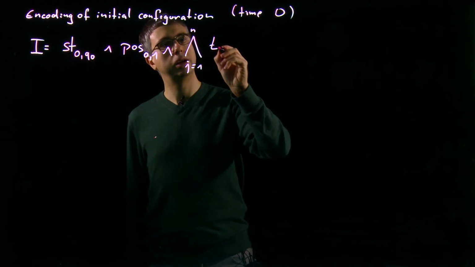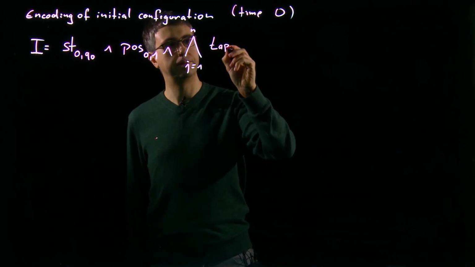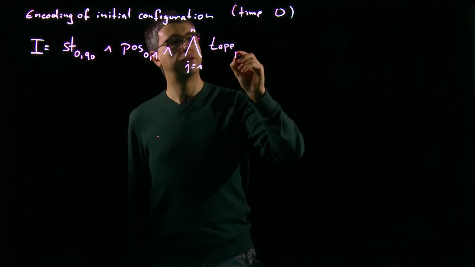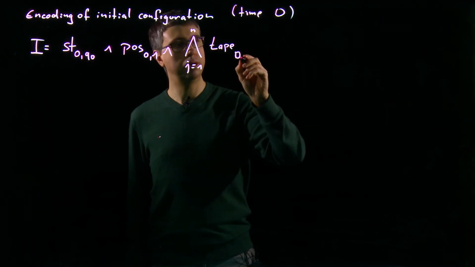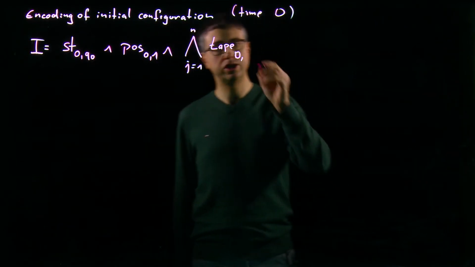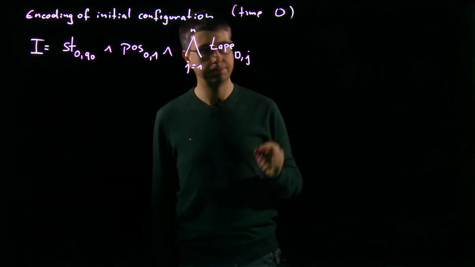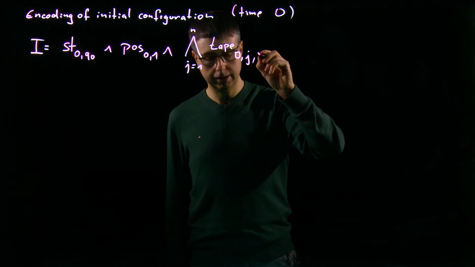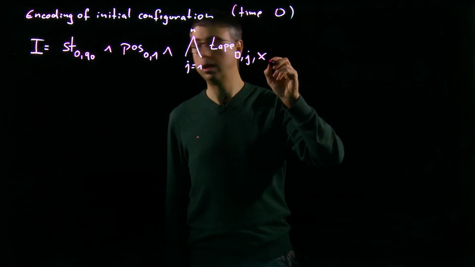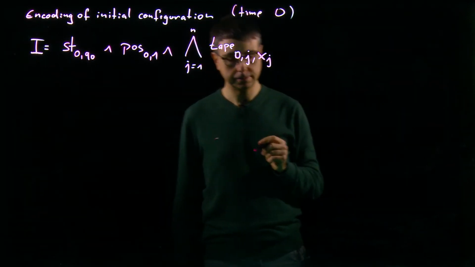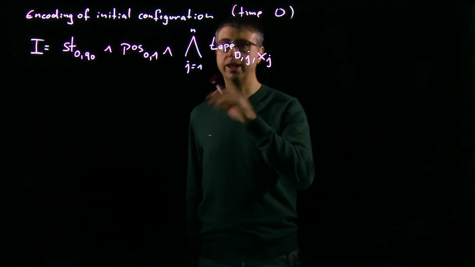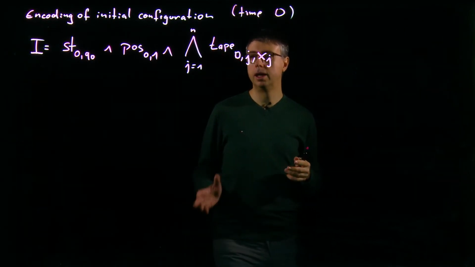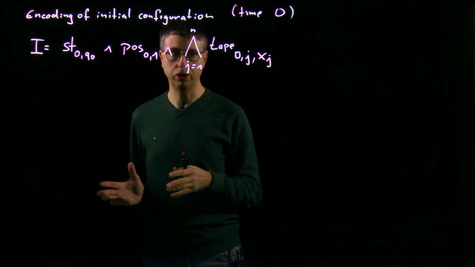And now we have on the tape for time index 0, position j, the letter x_j. So that's actually what's on the tape when we start the Turing machine.